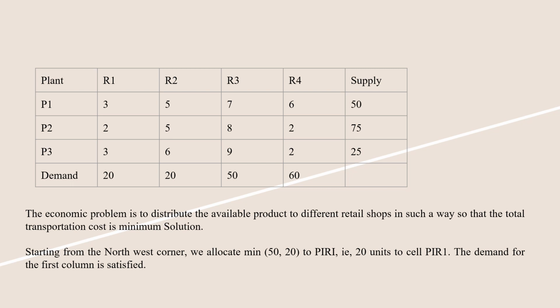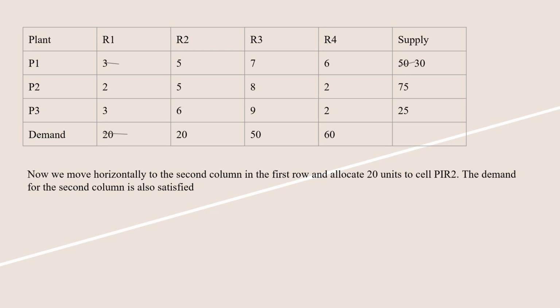Starting from the northwest corner, we allocate 20 units to cell P1R1. The demand for the first column is satisfied. After that, we move horizontally to the second column in the first row and allocate 20 units to P1R2.